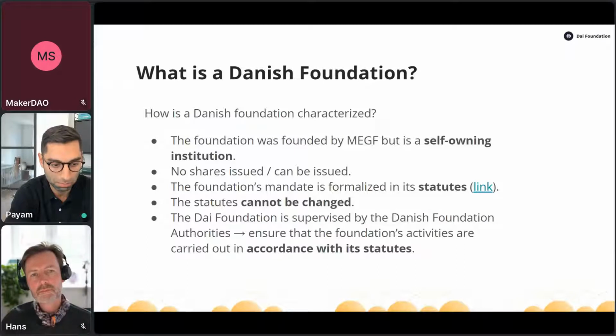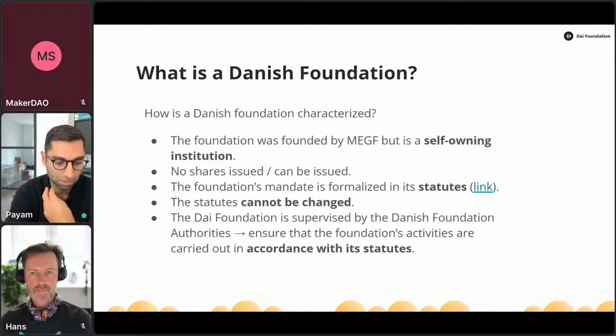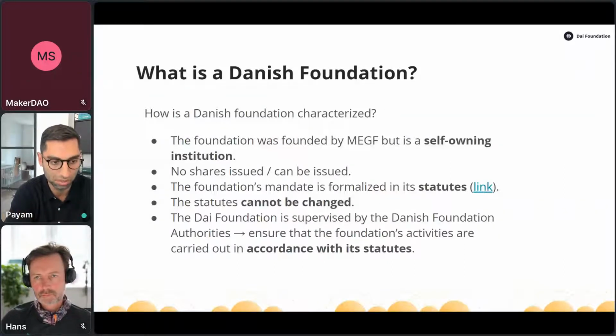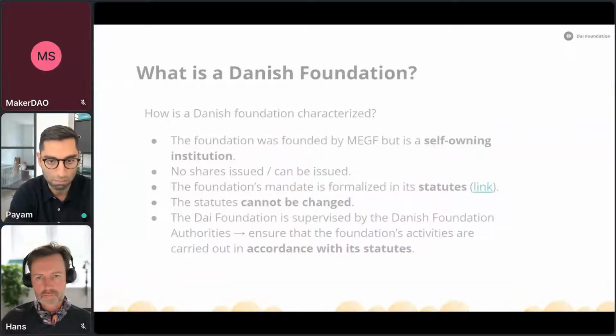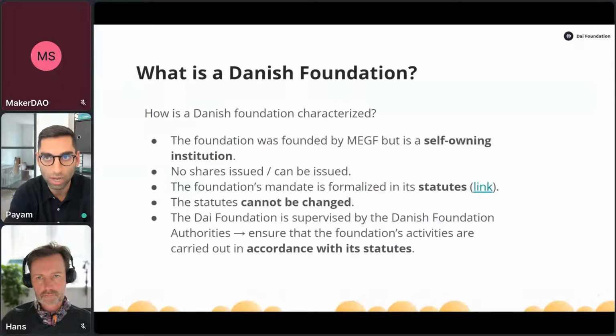When we were set up by the Maker Foundation, there was a purpose. What is the purpose of the Dai Foundation? Like Søren Peter said, we are to carry out the IP rights behind Maker in full accordance with certain principles.